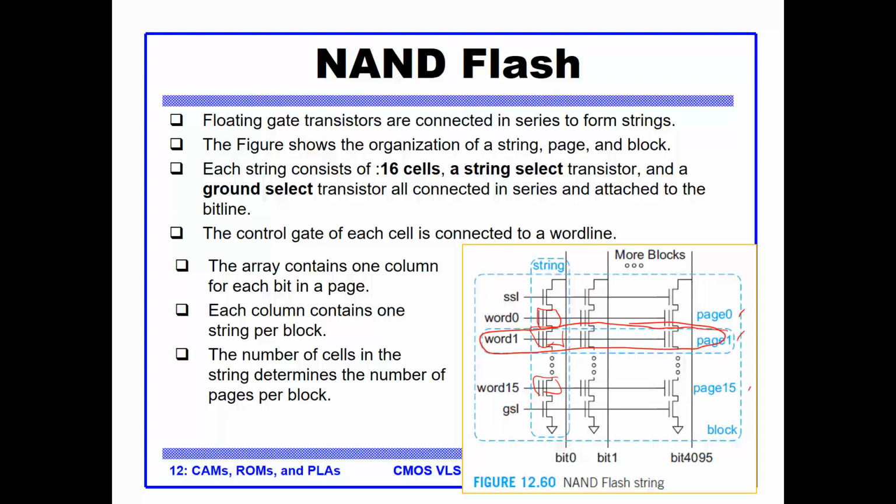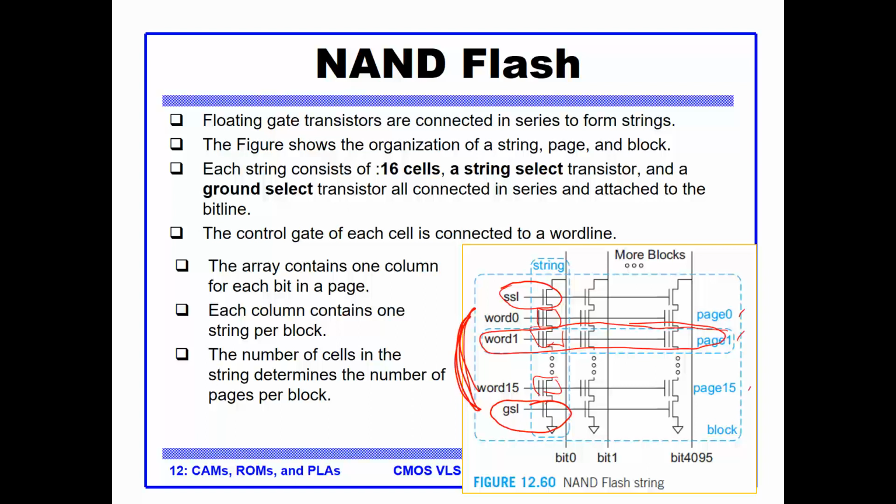The string starts with a string selection line and ends with a ground selection line, and in between you have all these word lines coming to activate certain pages.